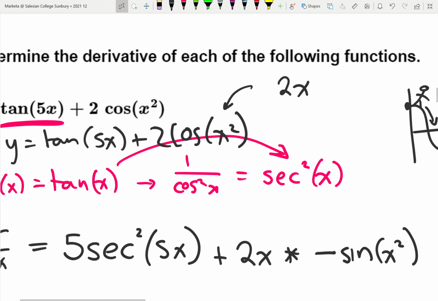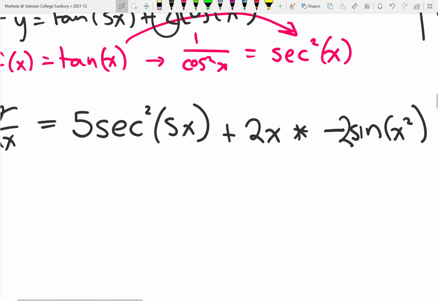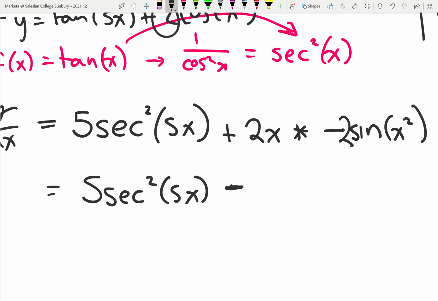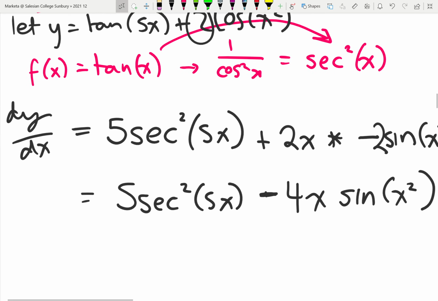And of course we had a 2 in front of that as well. We don't want to forget that 2. So that means we've got 5 sec squared 5x minus, positive times negative is negative, minus 4x sine x squared. So this will be our derivative.